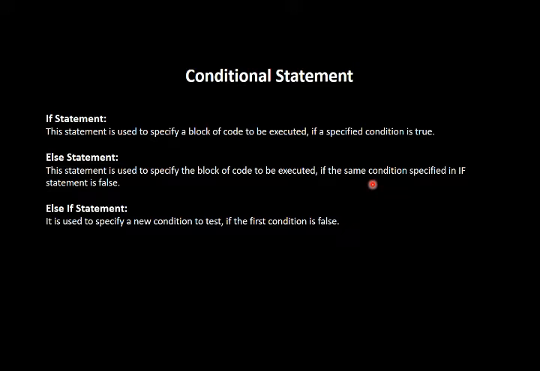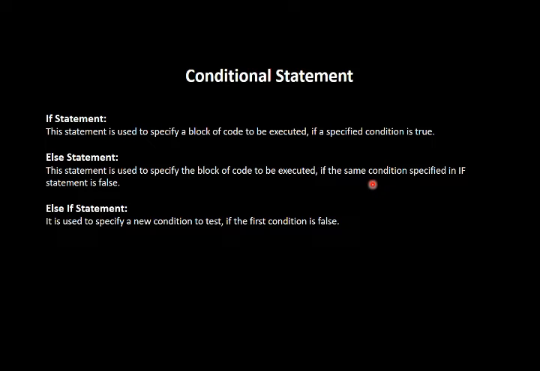So let's see, what is if statement? Normally, if statement is to specify a block of code to be executed if the condition is true. We create a condition, we write a block of code, and once the condition is true, that block of code will execute. And in case the condition is false, we will use else statement for the same if.